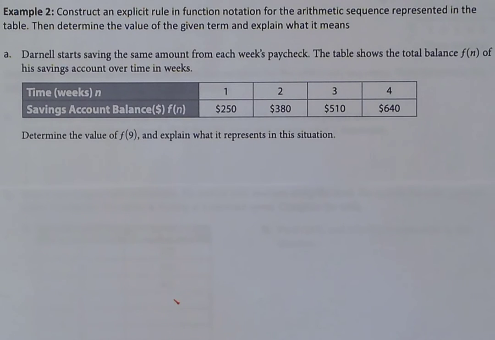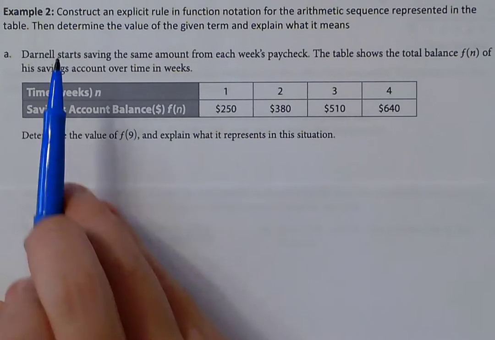If you think back to 4.1 and 4.2, an explicit rule is f of n equals the first term plus or minus whatever our common difference is times n minus 1. We're not doing recursive, so there's not that f of n minus 1 involved here.